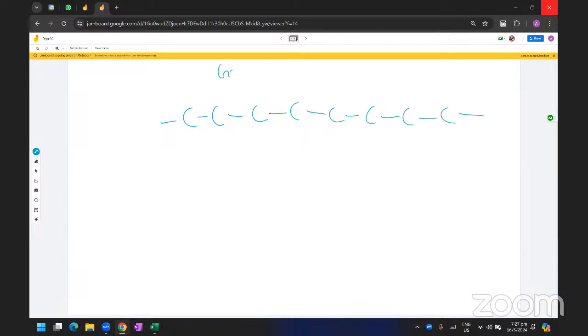Now, the process of cracking is very simple. There's a certain temperature, a certain pressure, a certain catalyst, standard stuff to memorize for an important reaction. Your teacher will definitely give you those.